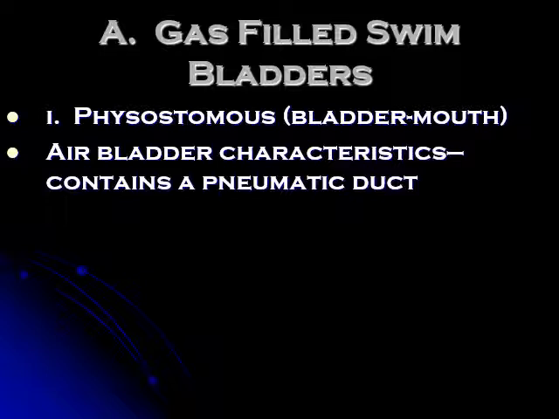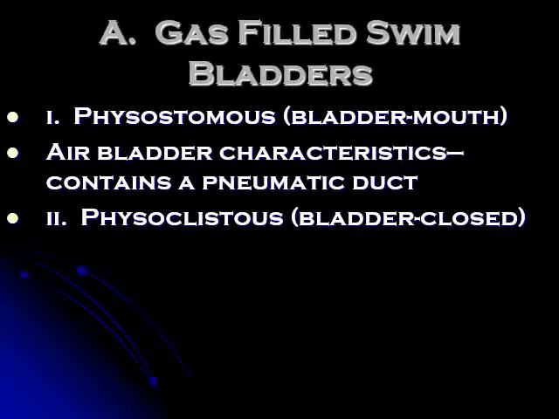Now imagine a branch that branches off of this and then leads into the air bladder. So the air bladder will connect to the esophagus with this pneumatic duct. Again, I'll post another video online so you can incorporate this into your lecture notes.